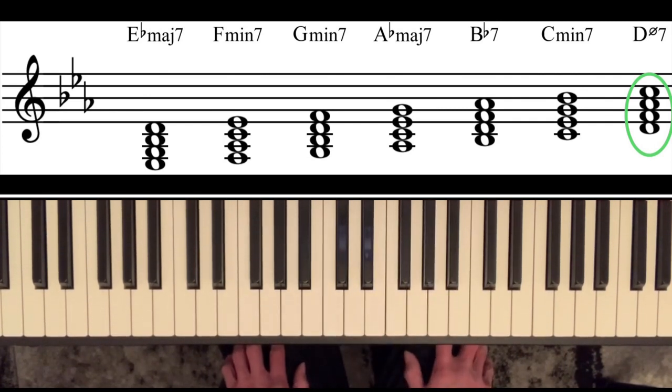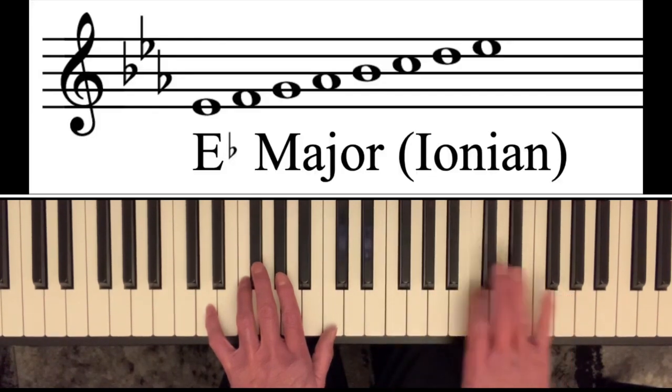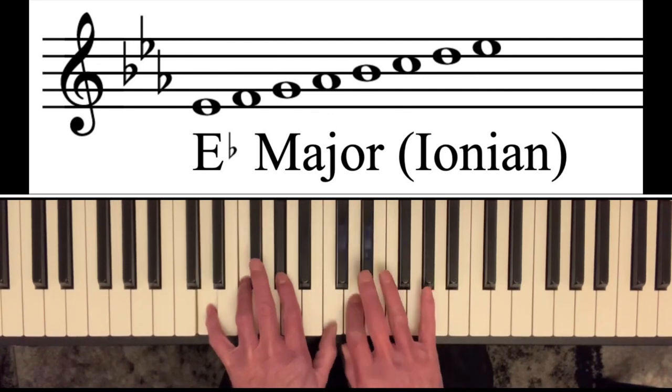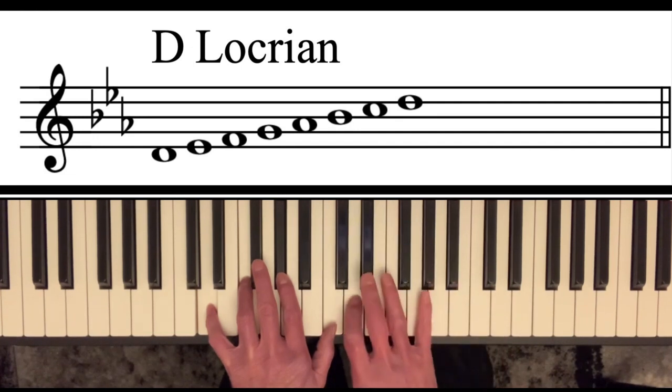And it follows that an E flat major scale, but starting on the note D, in other words, a Locrian mode on D, works over the D minor 7 flat 5. So once again, there's the E flat major scale. Start it on the note D, and you've got the Locrian mode, which works over the D minor 7 flat 5.